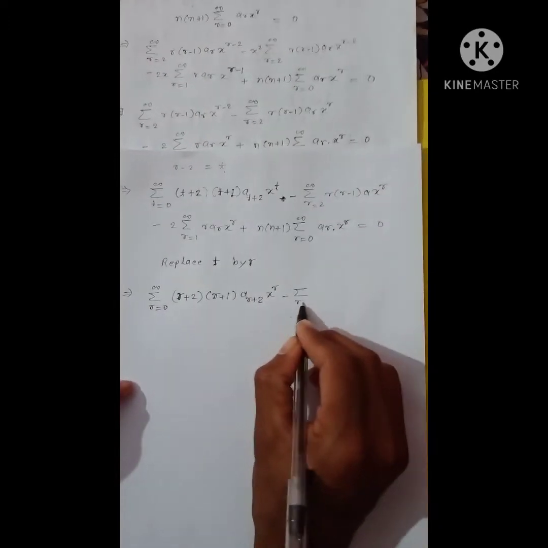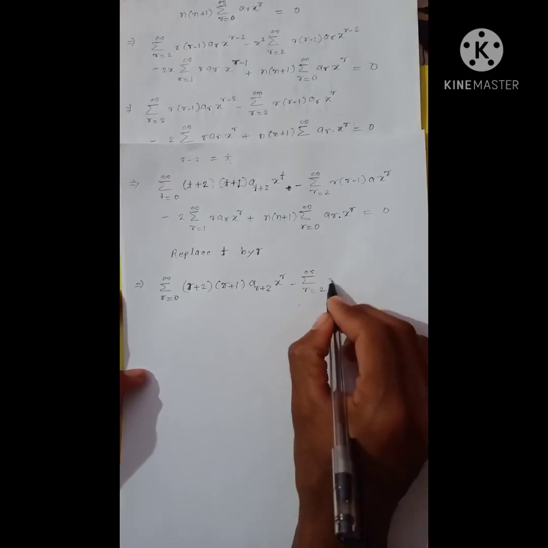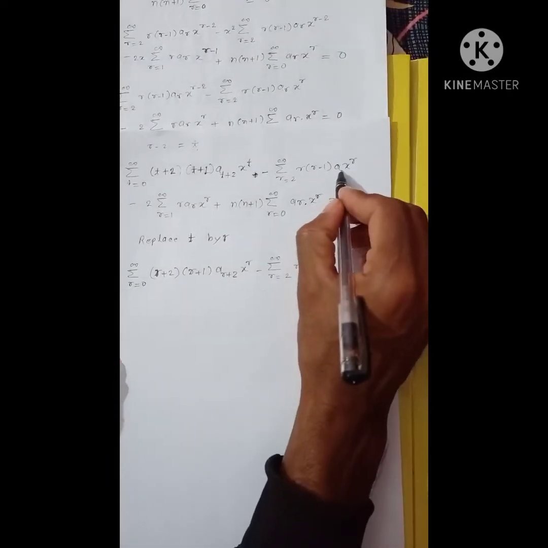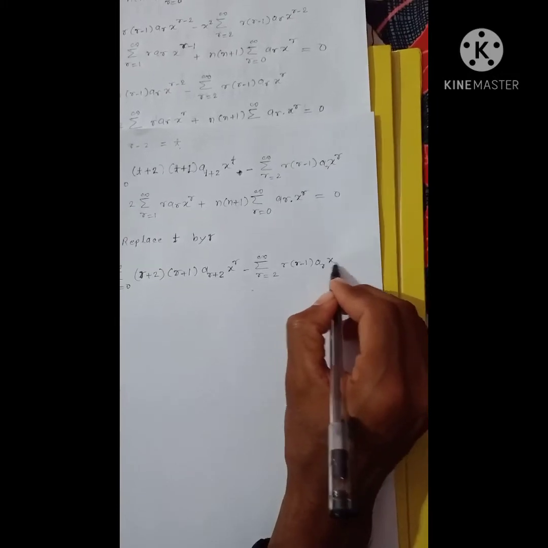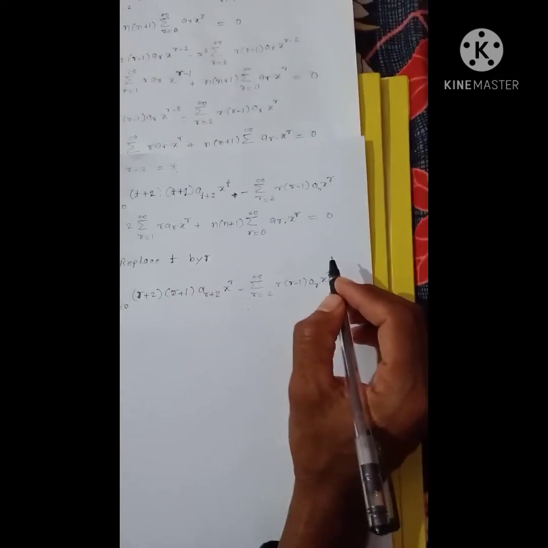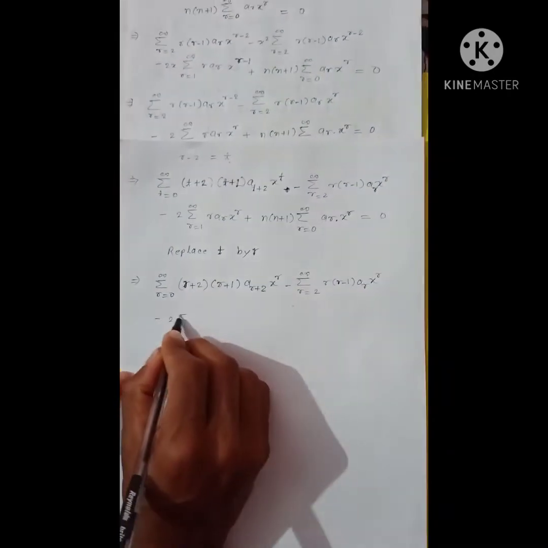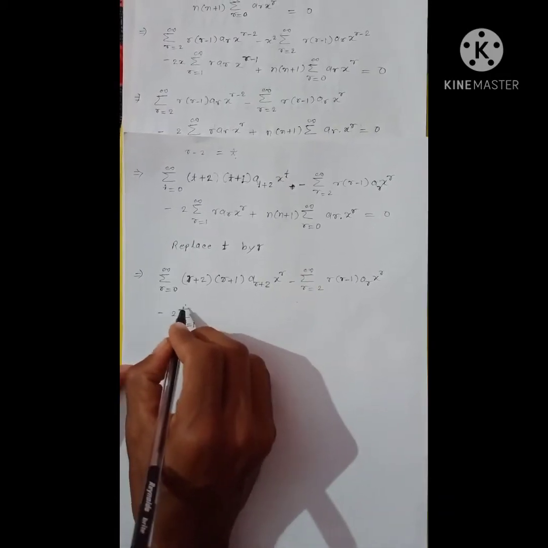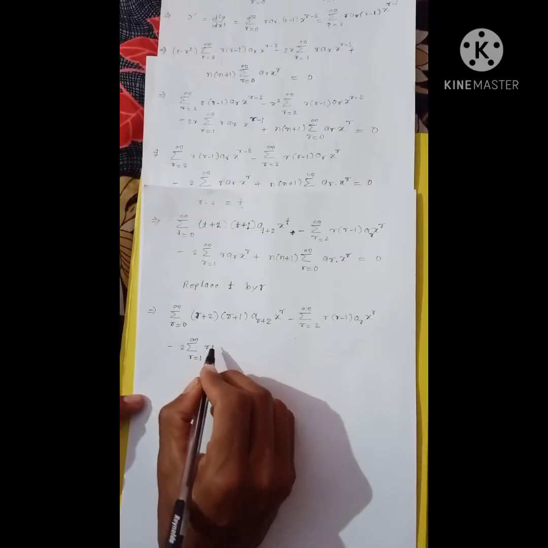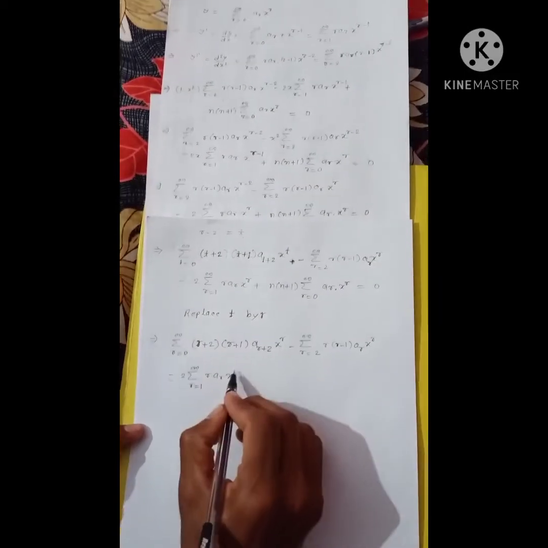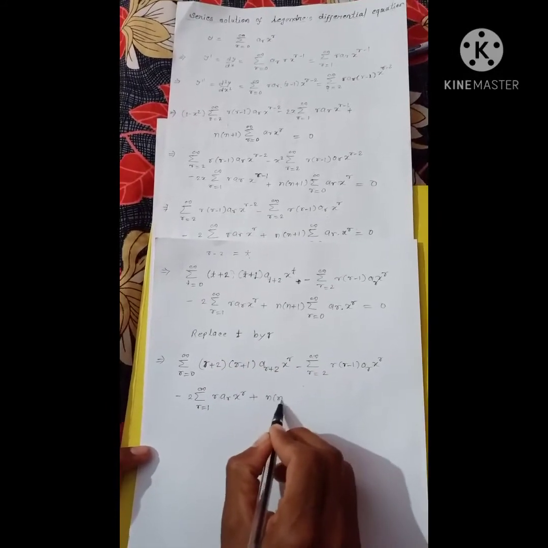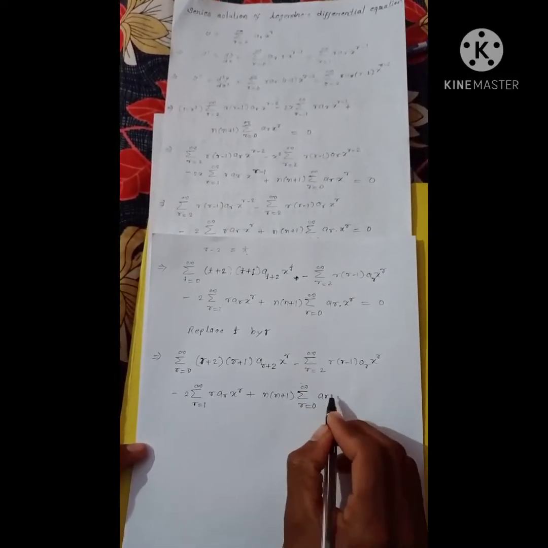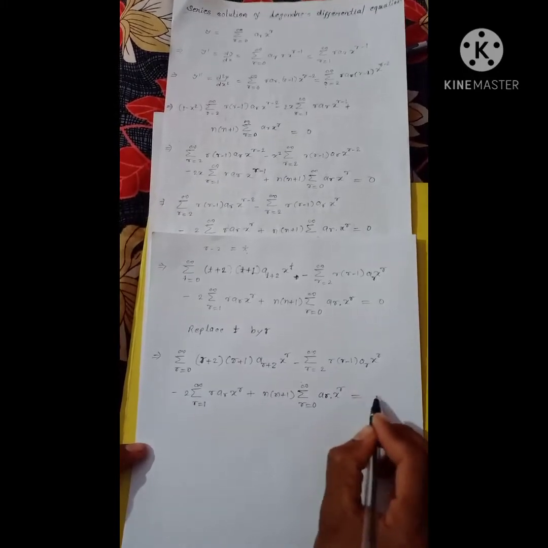So summation r equal to 2 to infinity r into r minus 1 into ar into x to the power r, minus 2 summation r is equal to 1 to infinity r ar x to the power r, and plus n into n plus 1 into summation r equal to 0 to infinity ar into x to the power r is equal to 0.